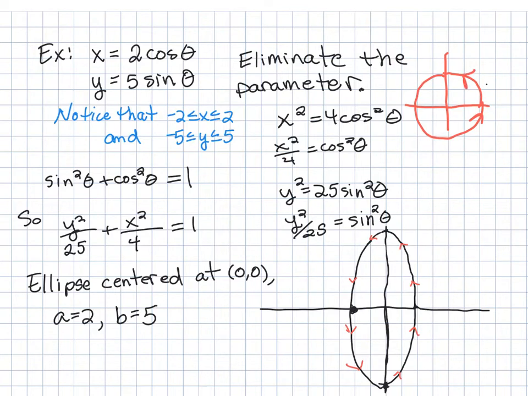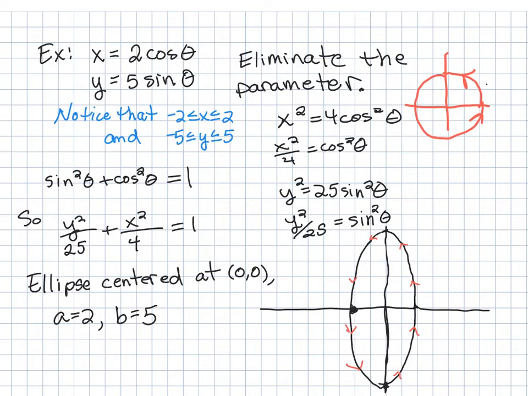So if we start at 0 and we plug in a 0 for those thetas, cosine of 0 is 1, so we'd get a 2. That's this point right here. Rotate through quadrant 1 up to pi over 2 and plug that in, and we get cosine is 0. So we see that the x value has gone from 2 to 0 as we rotated through quadrant 1.